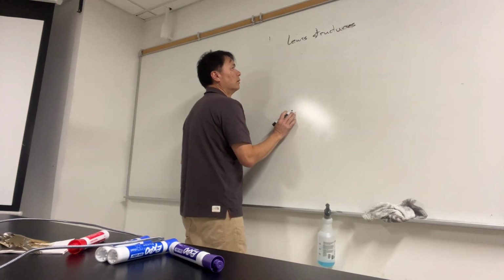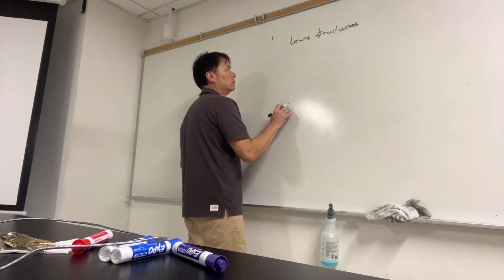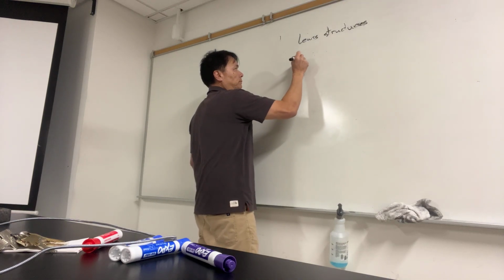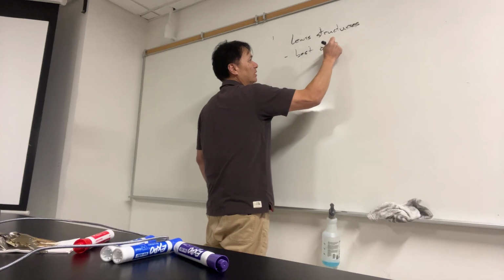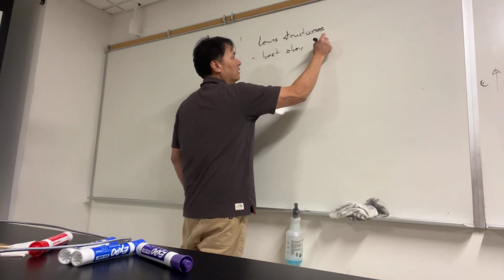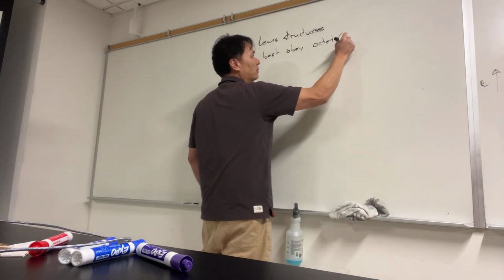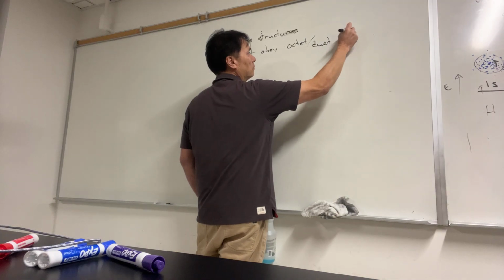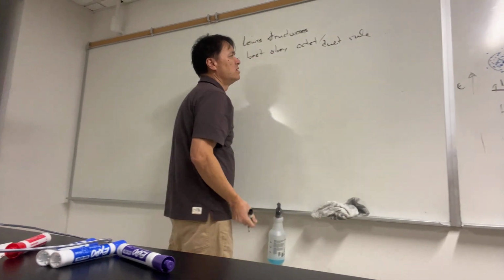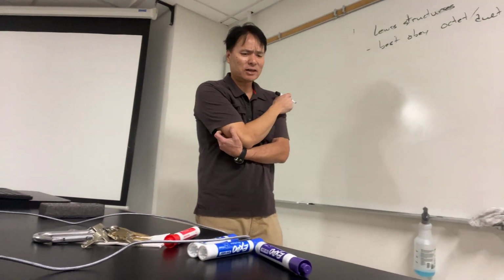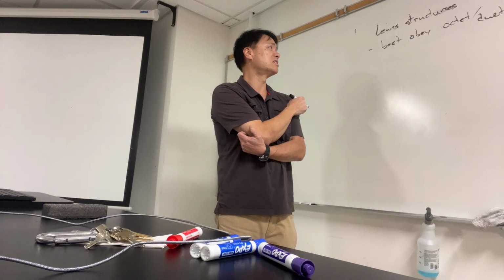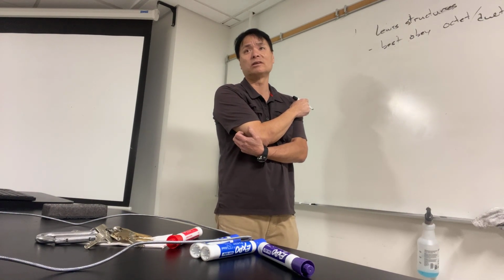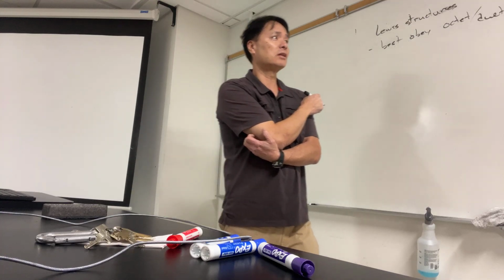In order of importance, the best ones obey the octet duet rule. And so the number one thing we look for in a feasible Lewis structure is, does it obey the octet duet rule? If so, then that's a good structure.